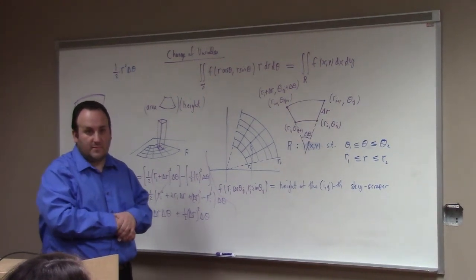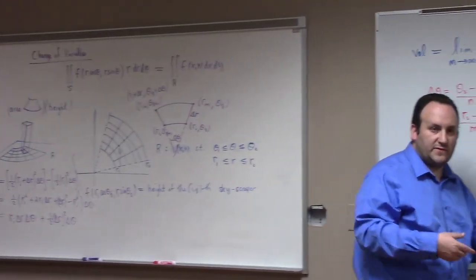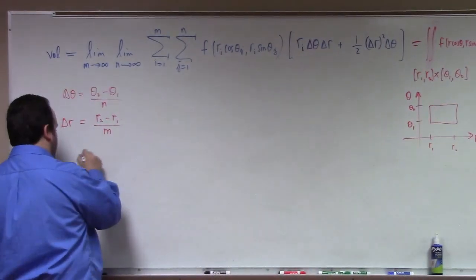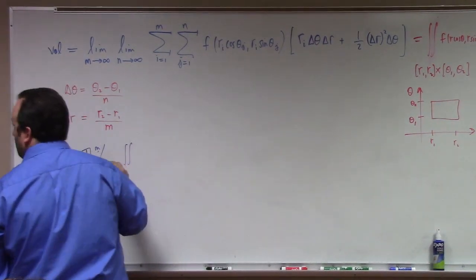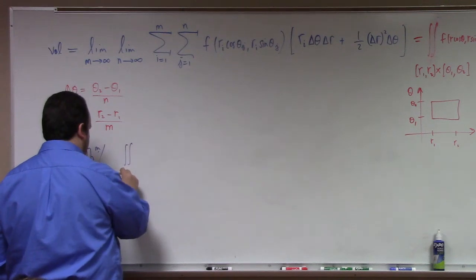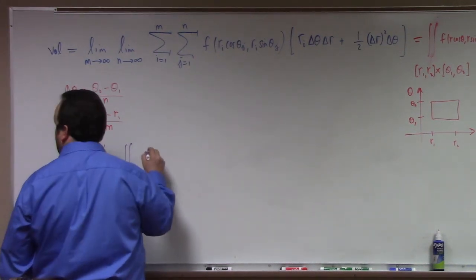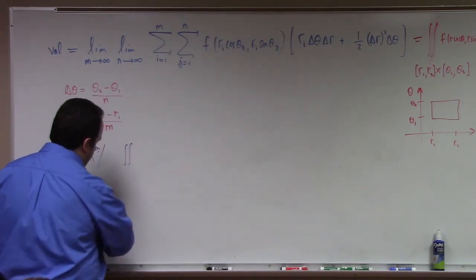Okay? Now, more generically speaking, I wouldn't try to draw the picture for the generic one, but the theorem is what? The integral over the transformed region, let's say T of R. Well, let me go backwards here, the other way around.